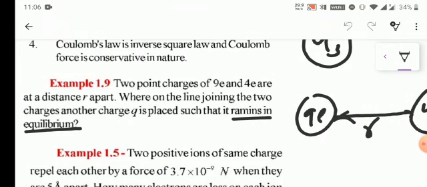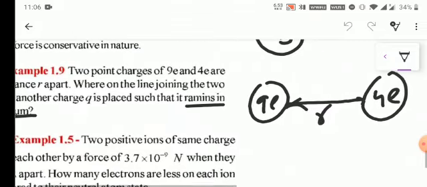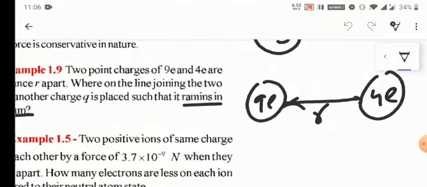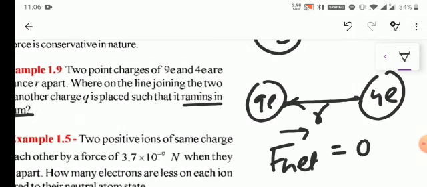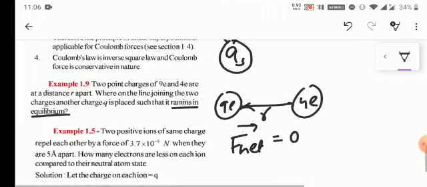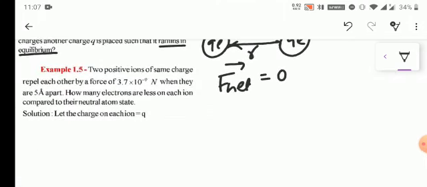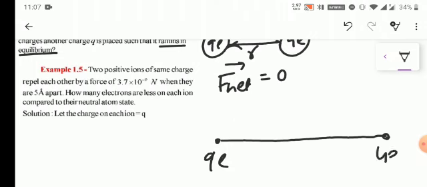Let's take the solution. You all know that the superposition of forces says that the total net force is always equal to 0. So here are the two forces. This is the 9 electron charge and this is the 4 electron charge.